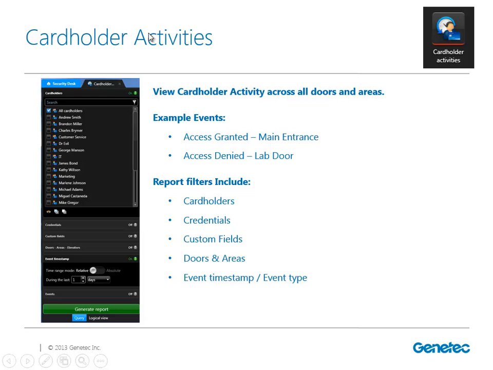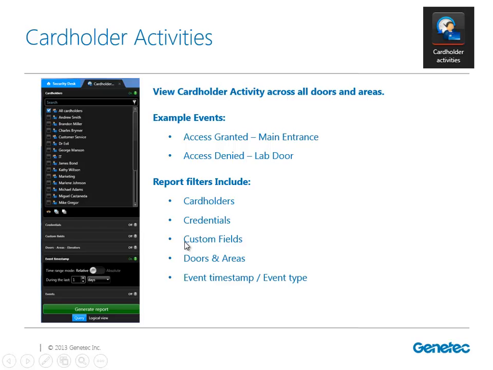Again, we do have another option here to run activities on the cardholder, and some of the examples that I have: access granted, access denied. If I want to see who was denied access within the system, or who is given access to the system. Also, I can filter with cardholders, credentials.